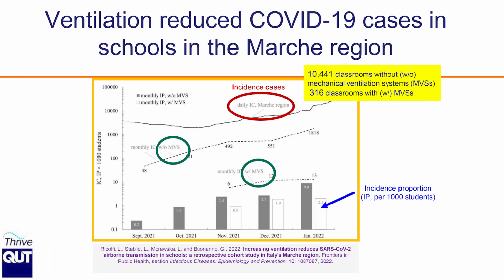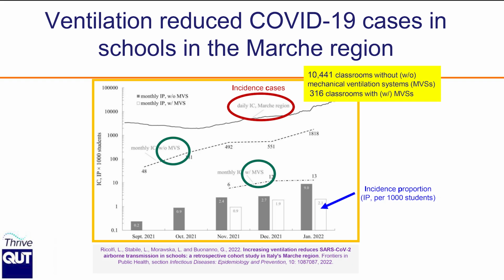Does ventilation help to reduce COVID and reduce infections? It is immensely difficult to conduct a study like this, taking all the factors into account and doing it during a pandemic or an epidemic. But that study was done in the Marseille region. First of all, incidence cases at this time in the Marseille region, and the study was from September 2021 to January 2022, and on the vertical axis are cases and relative cases per 1,000 students.